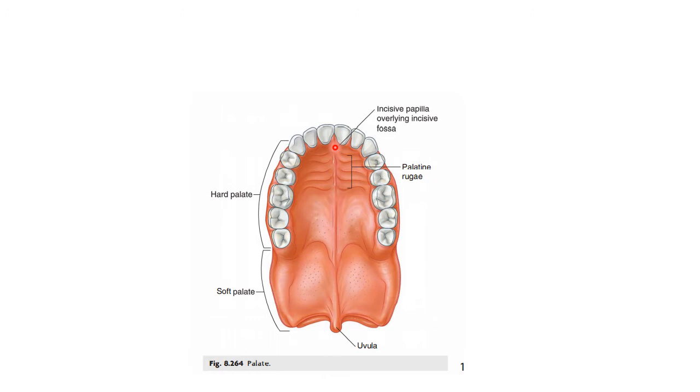The incisive papilla overlies the incisive fossa formed between the horizontal plates of the maxilla immediately behind the incisor teeth.